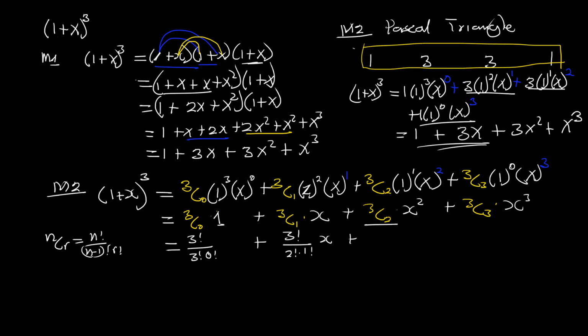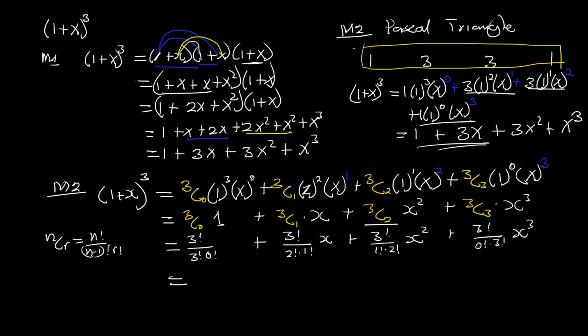This term gives us plus 3 factorial over 3 minus 2, which is 1 factorial dot 2 factorial x squared, plus 3 factorial over 3 minus 3, which is 0 factorial dot 3 factorial, all times x cubed.